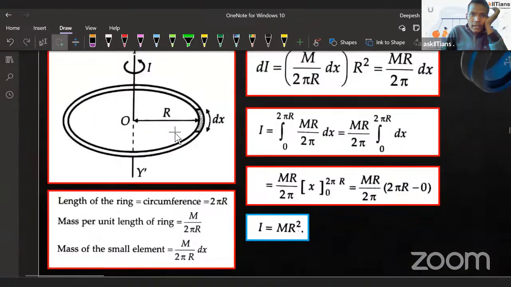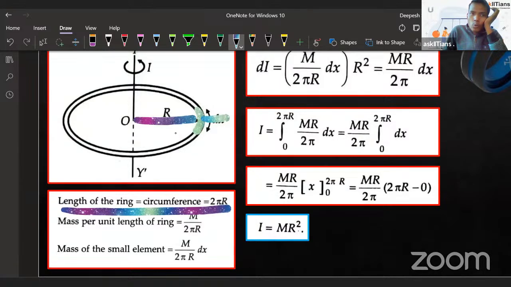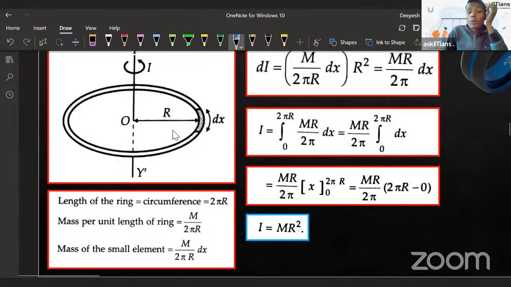First of all, let's take a ring with a radius r and a small section on it equal to dx. The length of the ring is of course 2 pi r, the circumference of the ring. Mass per unit length will be mass divided by total length. To calculate the mass of this section only, we multiply mass per unit length by dx.